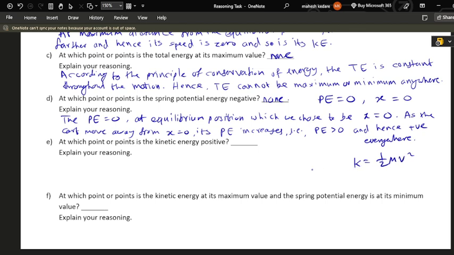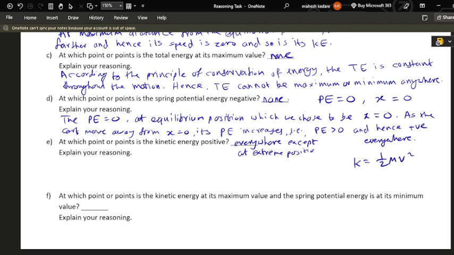Kinetic energy is always positive. So the question is, at which points is the kinetic energy positive? Kinetic energy is positive throughout the motion, except when the car is at the extreme position, where the kinetic energy is zero. So we can write it is everywhere positive, except at the extreme position.